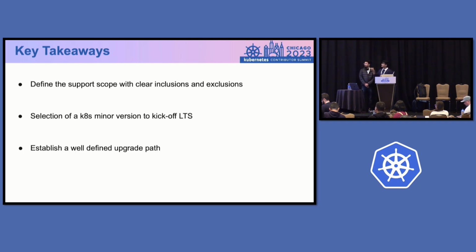And finally, establishing a well-defined upgrade path. As we discussed, if we have a 12 to 14 month general support window and then the LTS starts, it will be very beneficial for the vendors to make incremental upgrades.